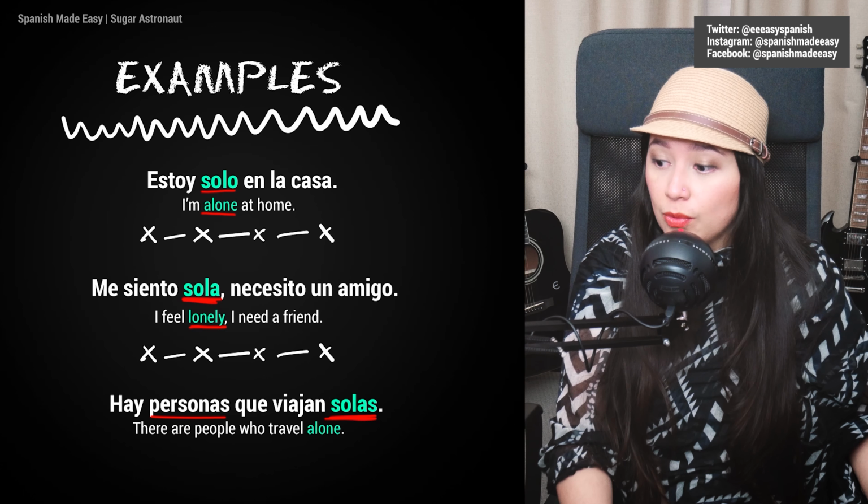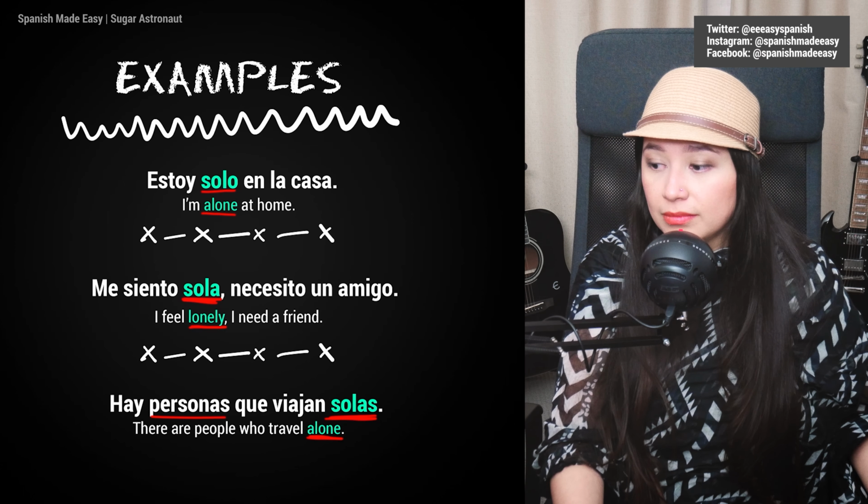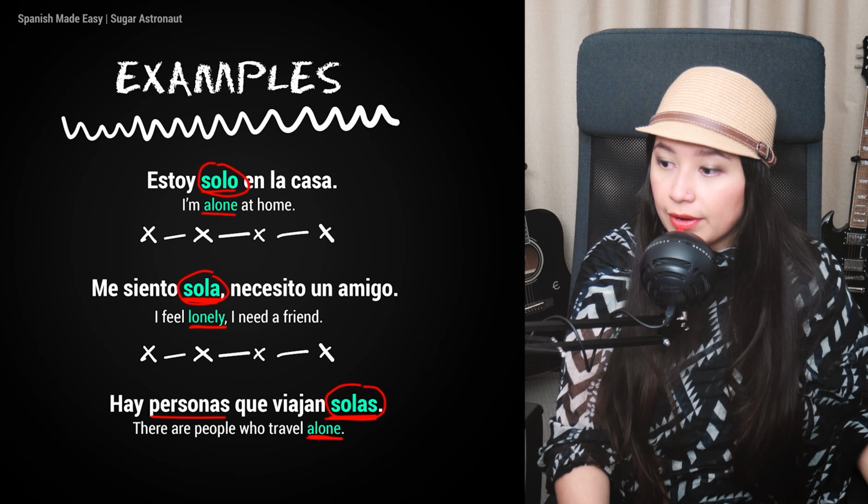There are people who travel alone. In this example, solas means alone. Okay, so as you can see, none of these words have accent marks. That's why the meaning is alone or lonely.